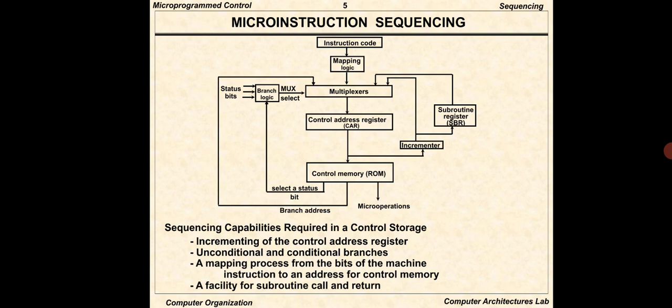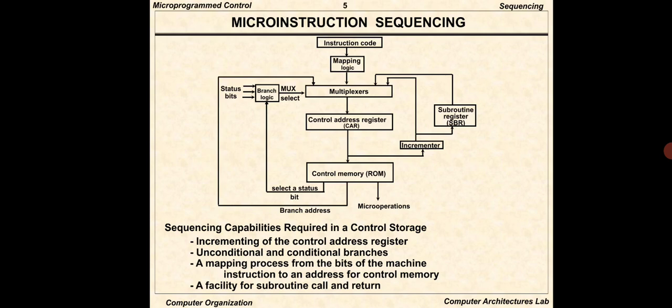If you see here, at the starting we give the instruction code. This instruction code is given to the mapping logic. Mapping logic is going to map that instruction code to the required format, that is digital format. This digital format is given to the multiplexer.